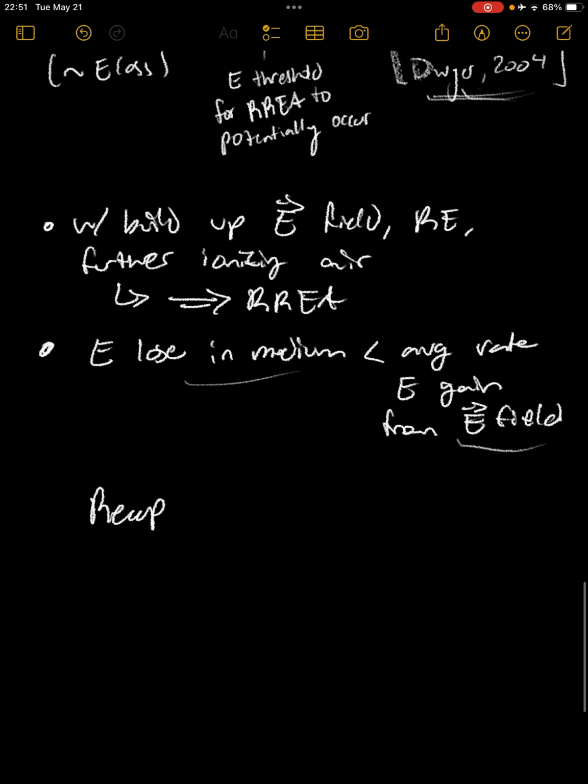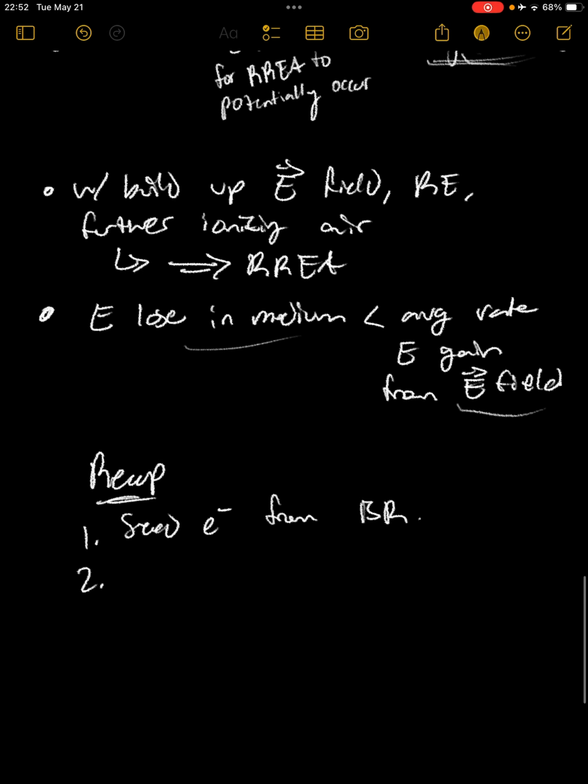So let's do a recap. Background radiation, which I'll call BR, can create seed electrons, the initial runaway electrons. These electrons then collide with other particles. They also collide with the nucleus as well, which causes some other complications with the math.